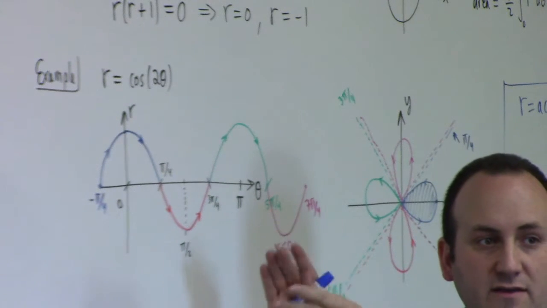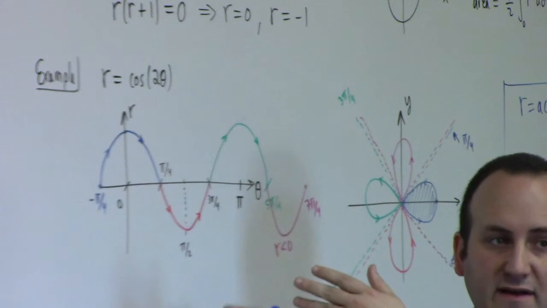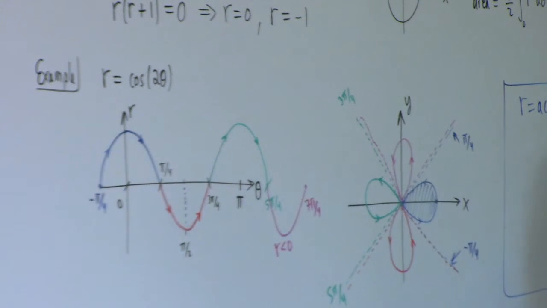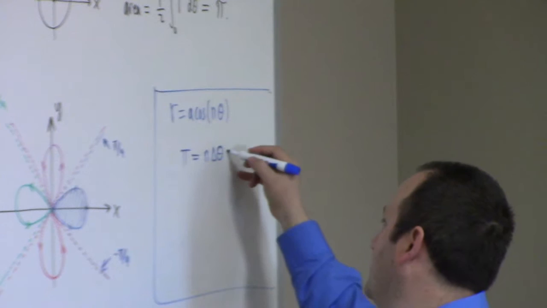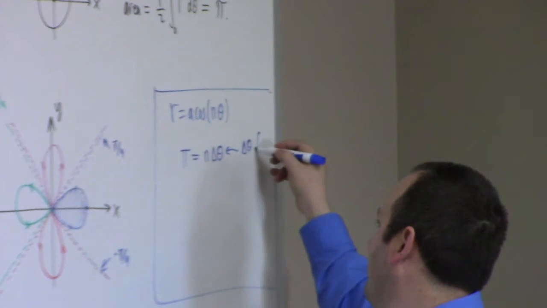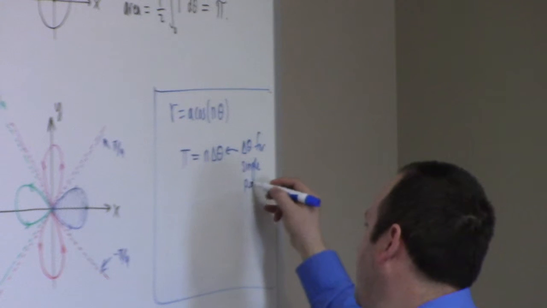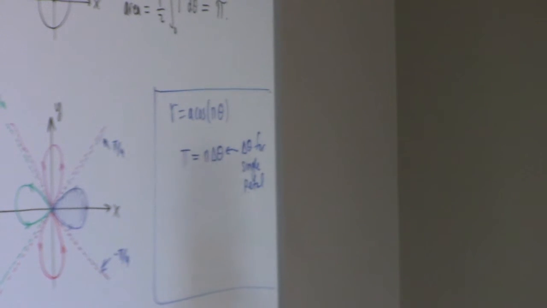Every pi, you go from 0 to 0. You swing to 1, then to minus 1, but it's pi. So pi equals n times the change in theta, where this is the change in theta for a single petal. That should be the characteristic of the n-fold graph.